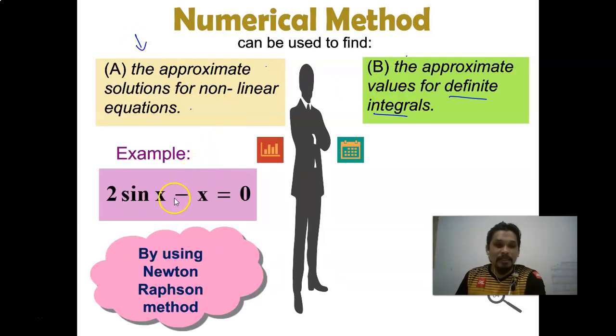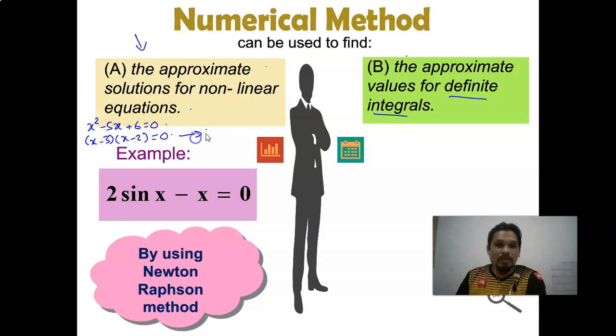Okay, example, 2 sine x minus x equal to 0. As I shared with all of you just now, if given x squared minus 5x plus 6 equal to 0, then we can simply factorize this, x minus 3 and x minus 2.